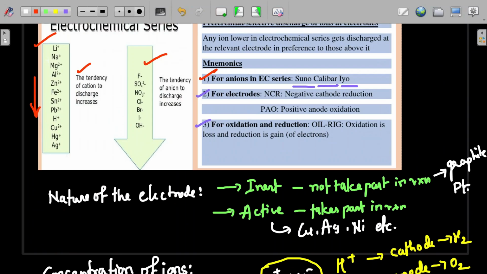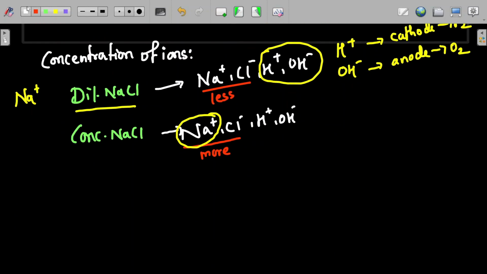See here, it is very less likely to undergo discharge compared to H plus. H plus is here, so there is a huge difference between the positions. So even though the concentration of Na plus is more, in this case also only H plus will go towards the cathode and hydrogen gas will be liberated.